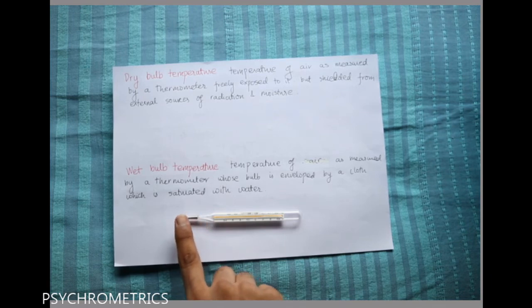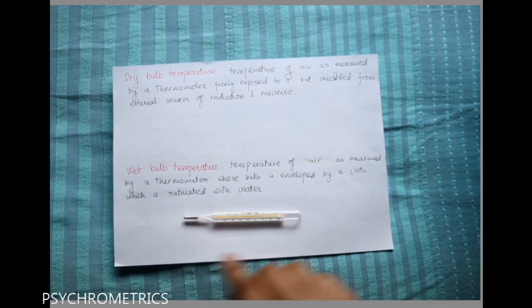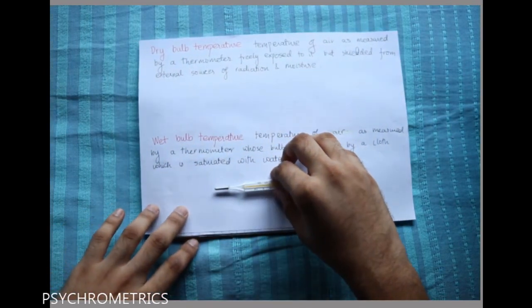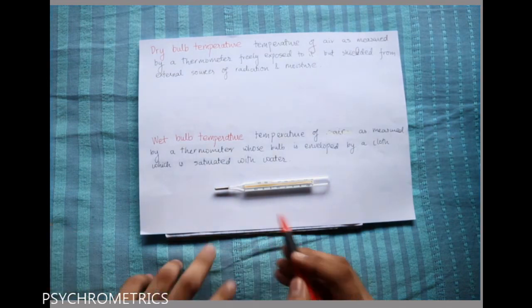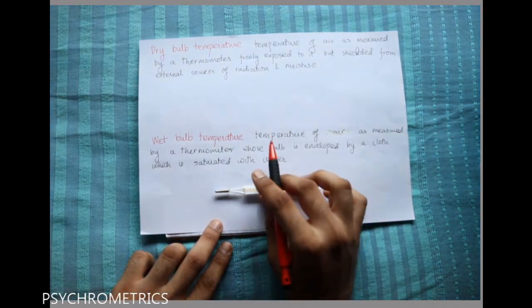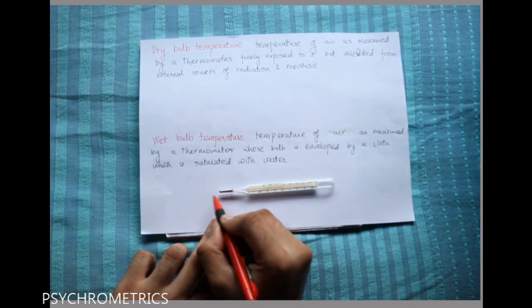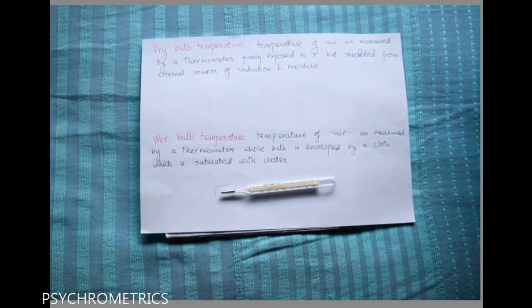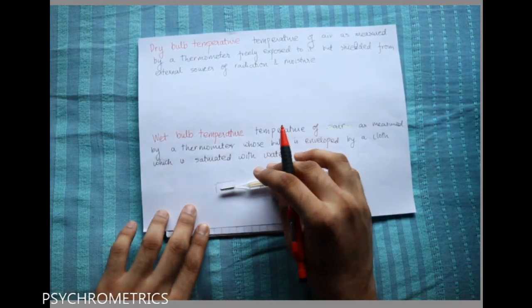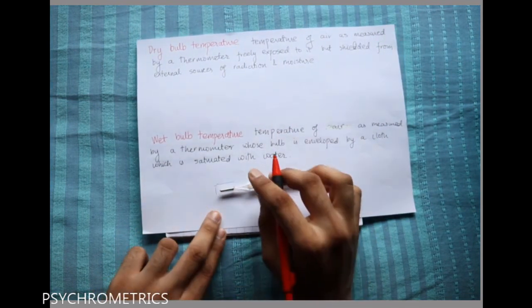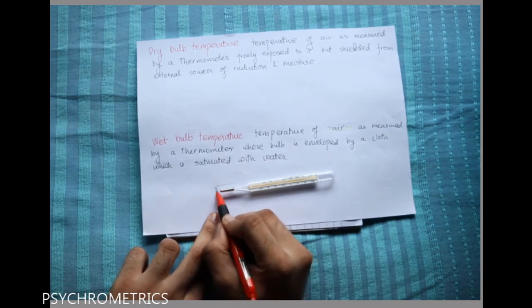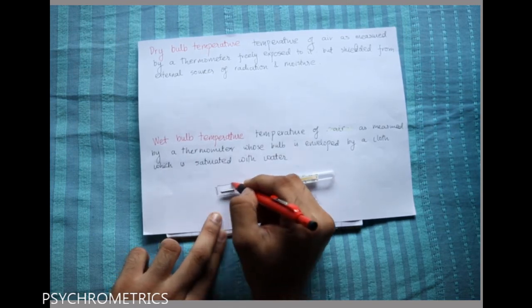Let's just illustrate this. We have a thermometer, and we are going to cover its end with a wet cloth. Let's assume that this is a wet cloth and it is completely saturated with water.